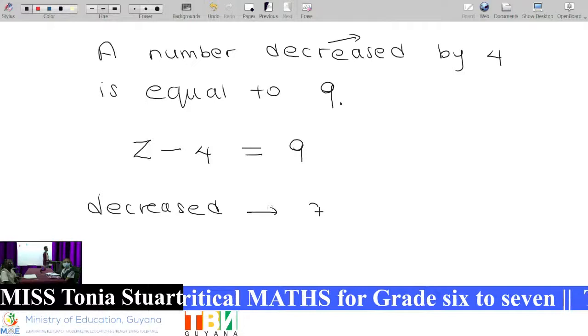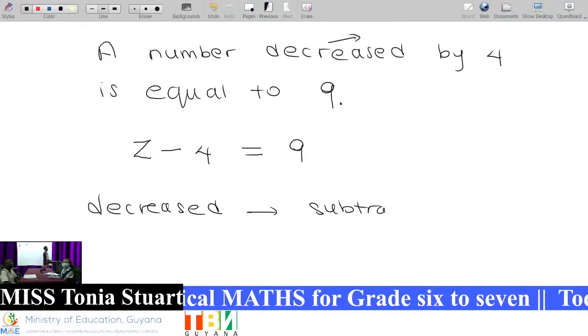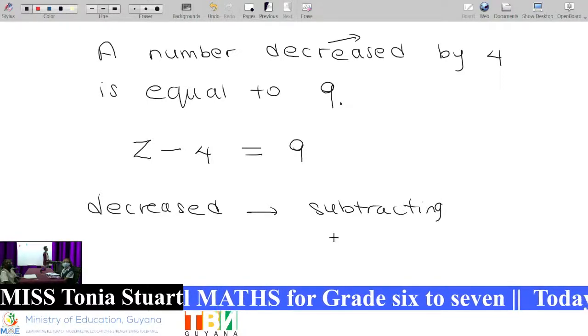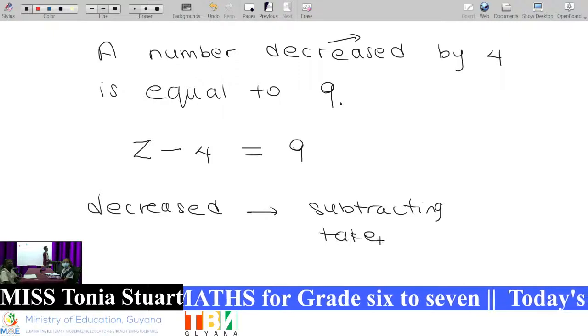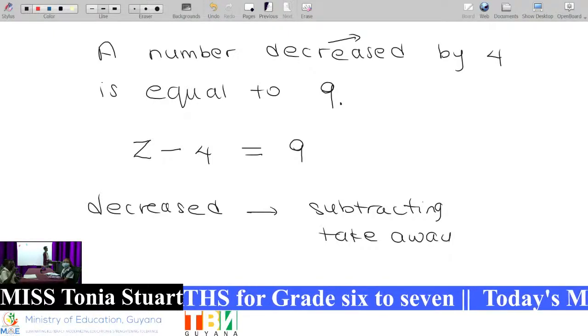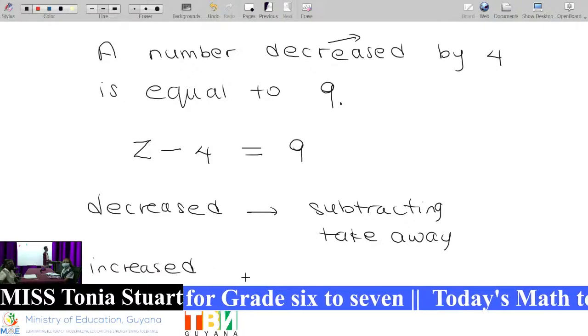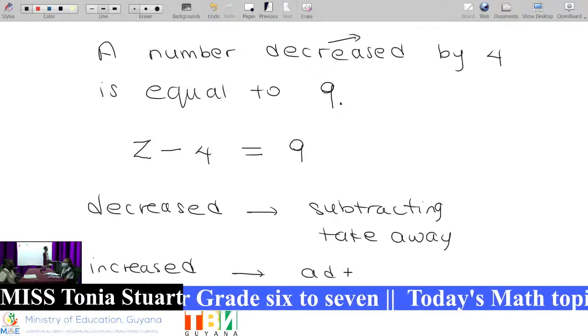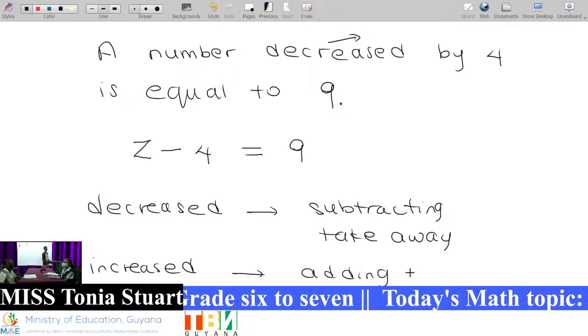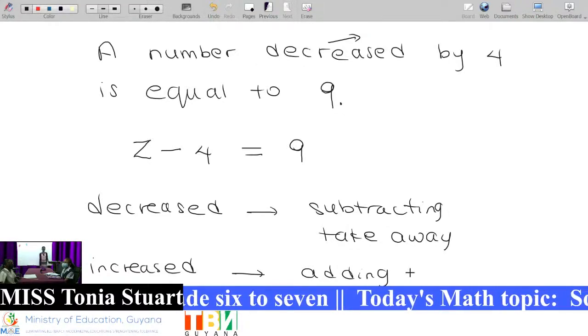Decrease, you're subtracting, or some people might say take away. Increase, you're adding.